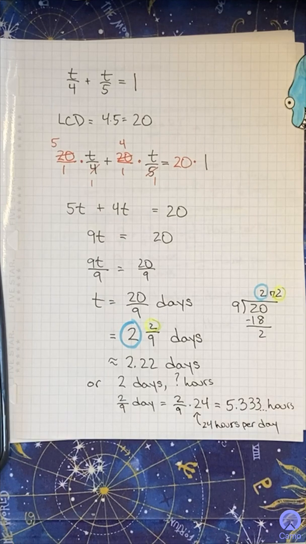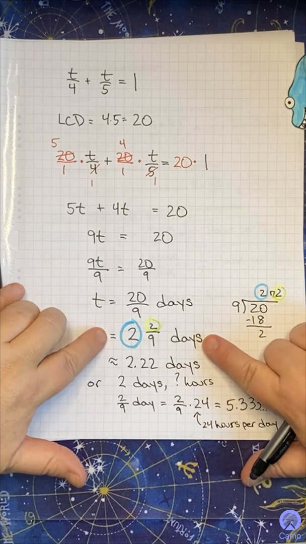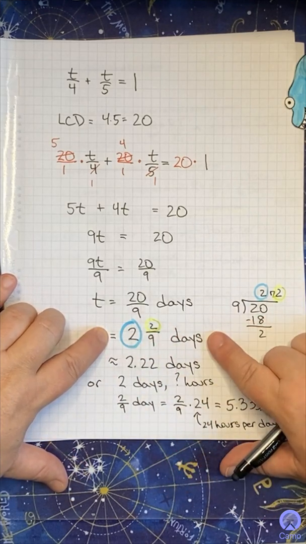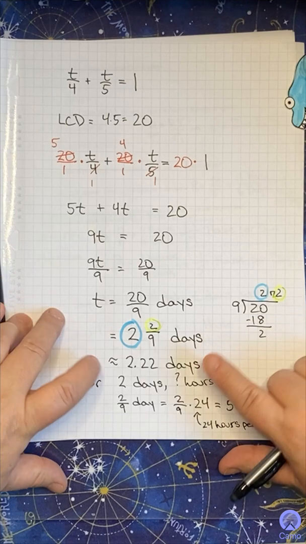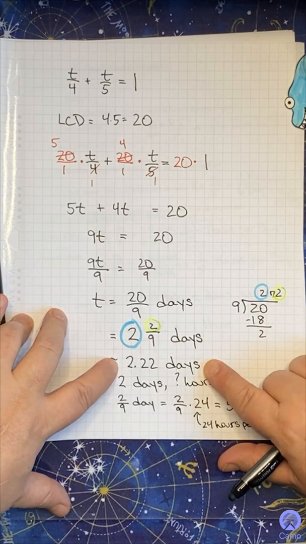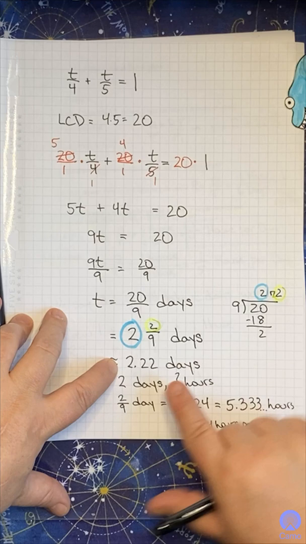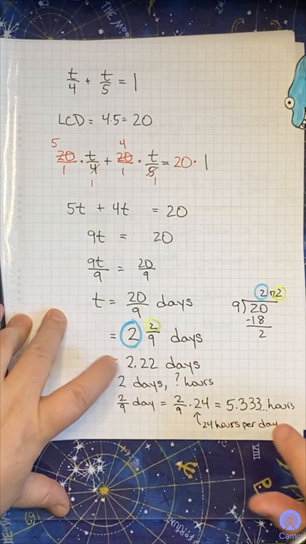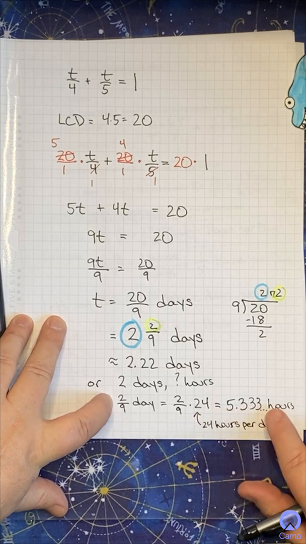So where are we on the safety level? This is the absolute exact answer. 2 2/9, perfectly correct. 2.22 days, it's approximated because I rounded, so it's a little bit off. And then this, I had to make an assumption.